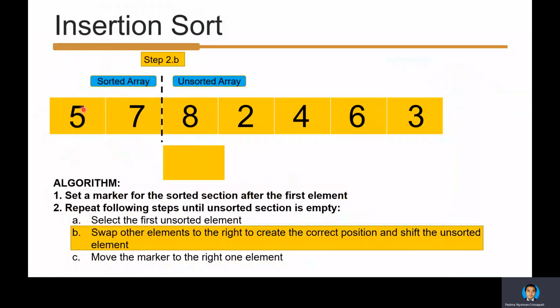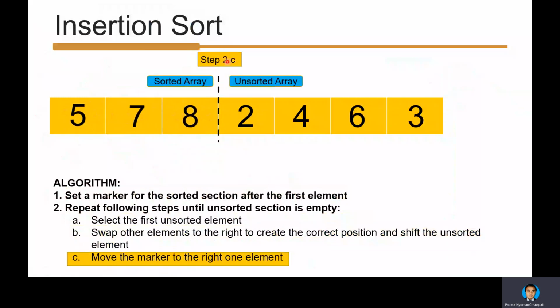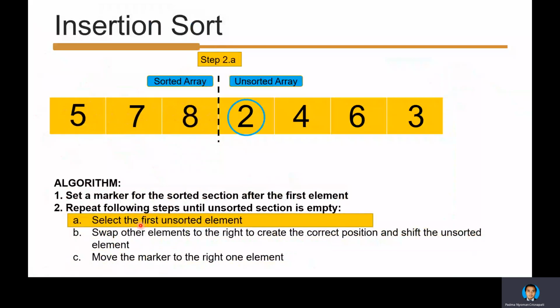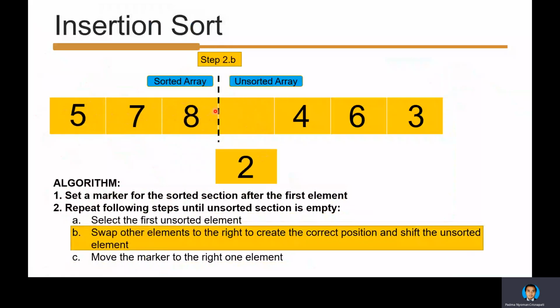And then the next step is 2C. In this step, we make another marker, one to the right of the element, and then we loop again to 2A to select the unsorted element, and then we swap it to the right, to become the last position.